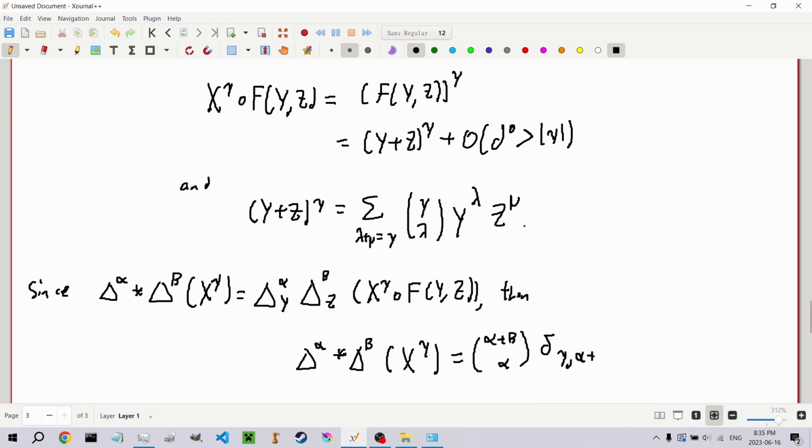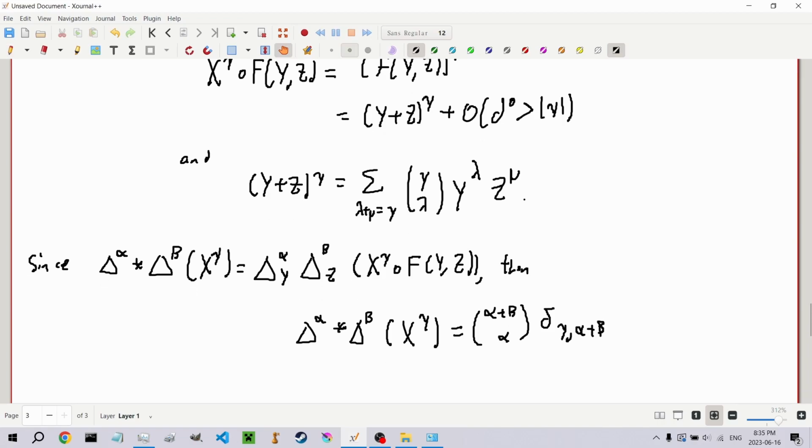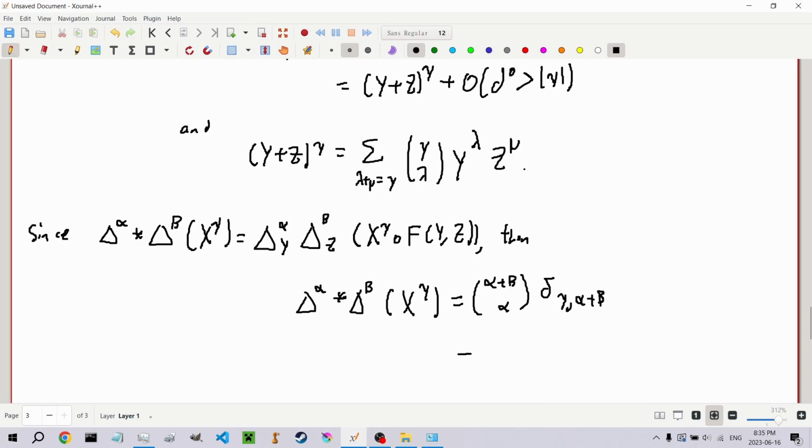So I'm going to write that with the, I don't know what the delta that takes 2 arguments is called, but I like it better than a piecewise function. And of course we can also write this to be the delta of alpha plus beta on x to the gamma.